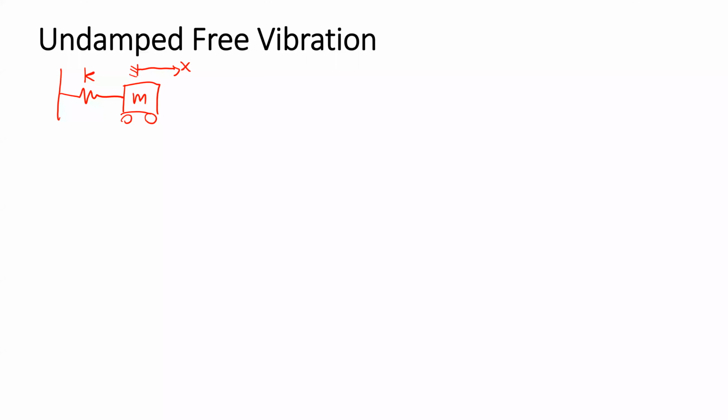Equation of motion for the spring mass damper system: m x double dot plus c x dot plus k x equals f. But for undamped free vibration, f is 0 and c is 0, so m x double dot plus k x equals 0.